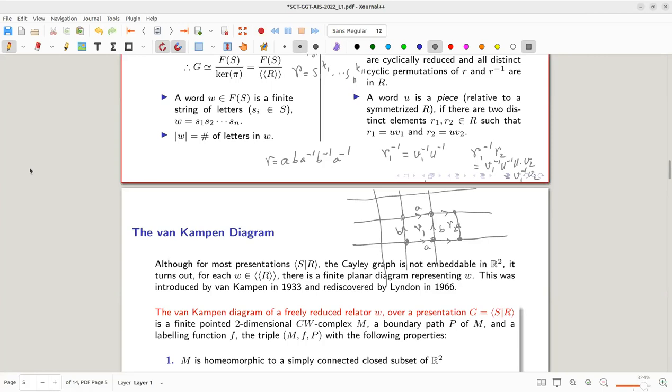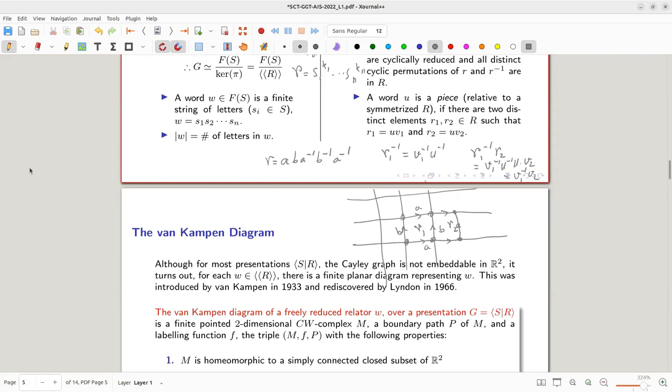But you see, here B is appearing in the way we had written. It was A, B, A inverse, B inverse, so we are looking at the B inverse subword here, right?